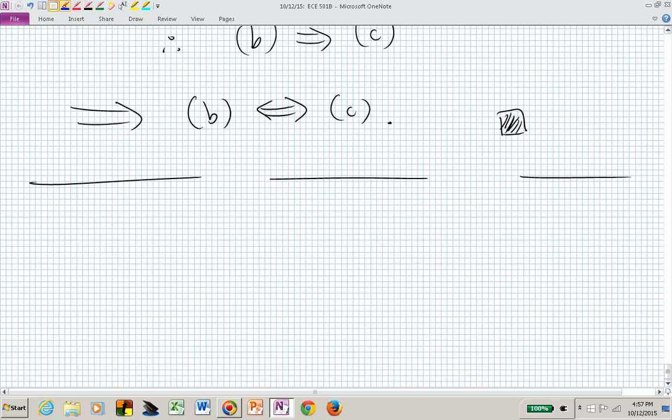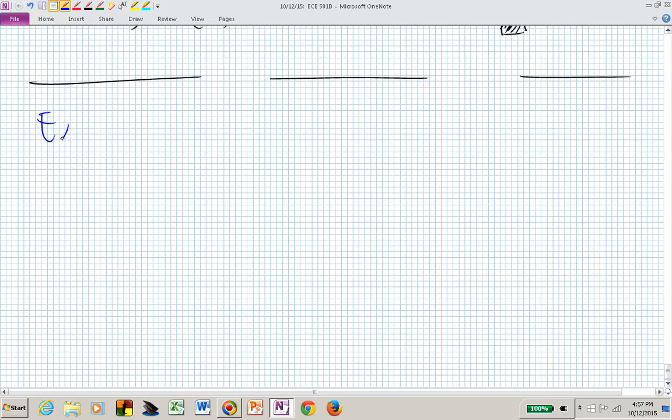Let's now look at, we may not go through too many more proofs, but let's examine some more statements or propositions relative to upper triangular matrices.